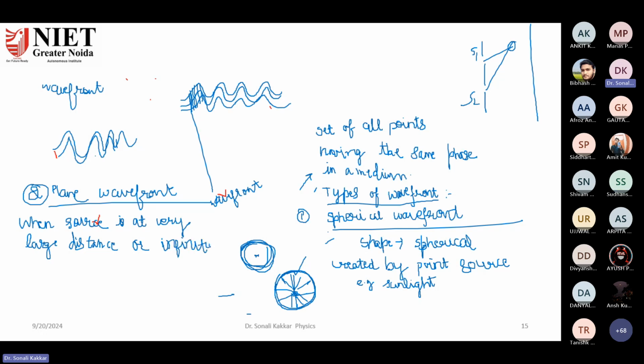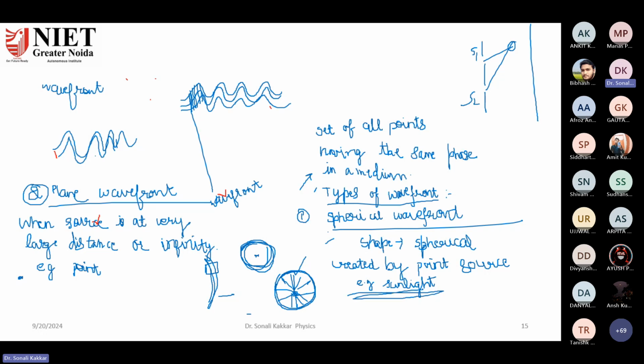Can you obtain plane wavefront from spherical wavefront? How? If the point source is at infinite distance, the same spherical wavefront, its small portion will appear to be plane. For example, sunlight, which we gave as an example in case of spherical wavefront.